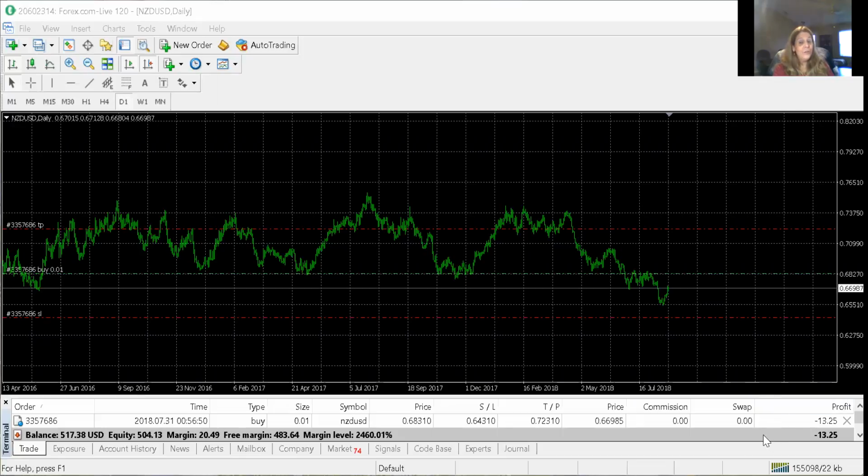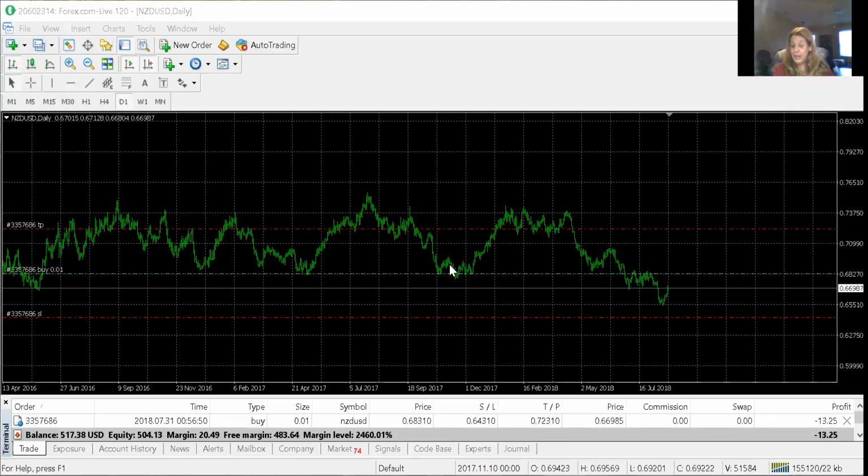And it's a negative $13.25. Don't be concerned. Keep in mind that we've been working on this for quite a while now. And we have been watching it do this little movement right here.